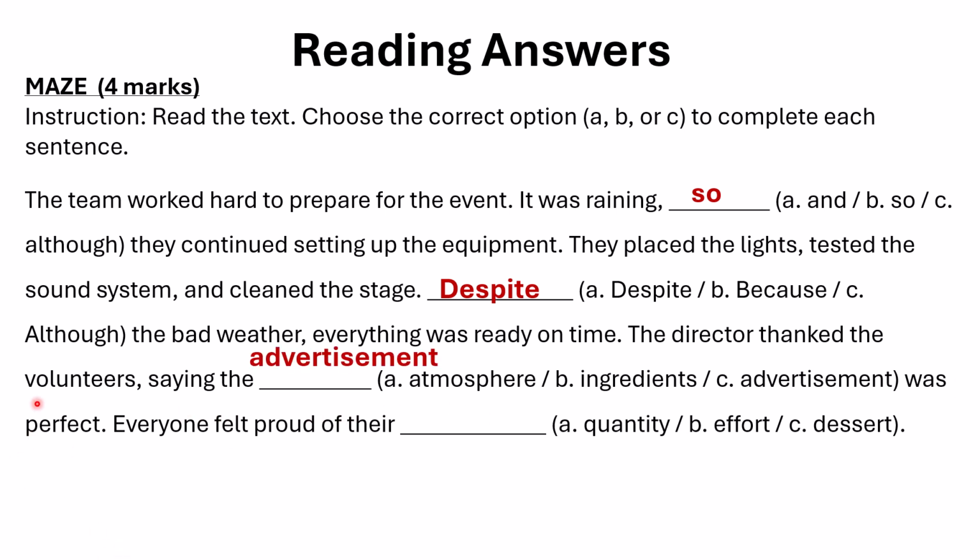So it is the advertisement, because here it's the director. Who is the director? The one who shoots the films. So here he is talking about the advertisement and thanking his crew members. Everyone felt proud of their effort.